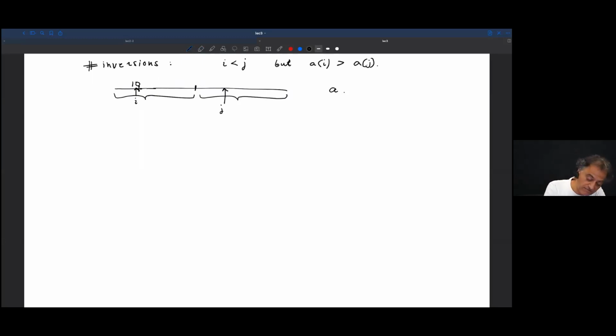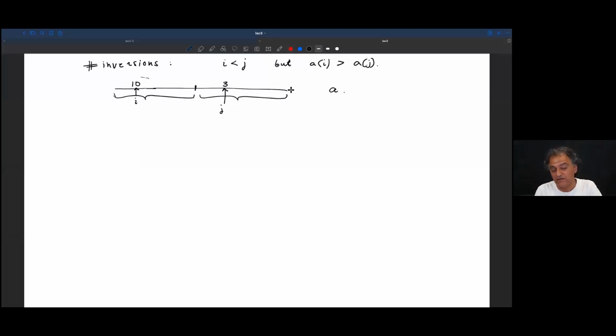So if this was 10 and this was 3, well, that's an inversion. So we want to count these. These are the kinds of inversions we are missing when we solve the problem recursively and figure out the inversions on the left half and on the right half of the array. So how do we figure out all of these inversions very quickly?